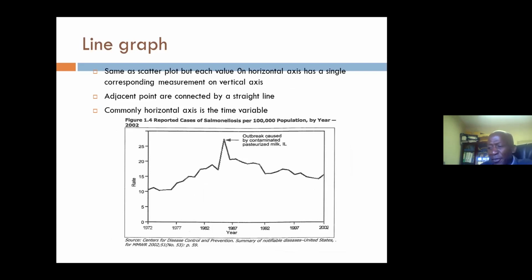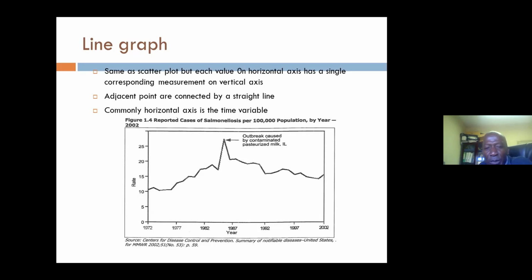A line graph is for data that is measured over time. You can present data as a line graph so that we can see trends over time. Here, reported cases of salmonellosis per 100,000 population by year. You can see that there's an interesting peak around 1987.